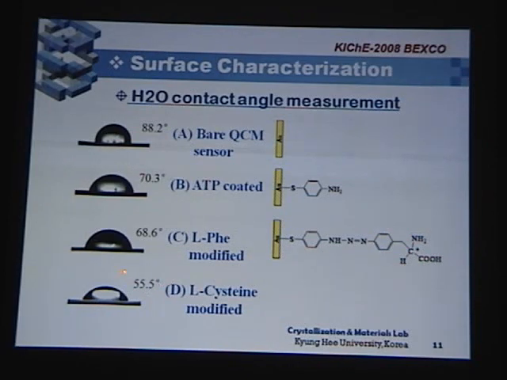As for the L-cysteine modification, after L-cysteine was modified, the contact angle decreased to about 55, also showing the increase of the hydrophilicity on the sensor surface due to the hydrophilicity of the amino group and the carboxyl group of L-cysteine.